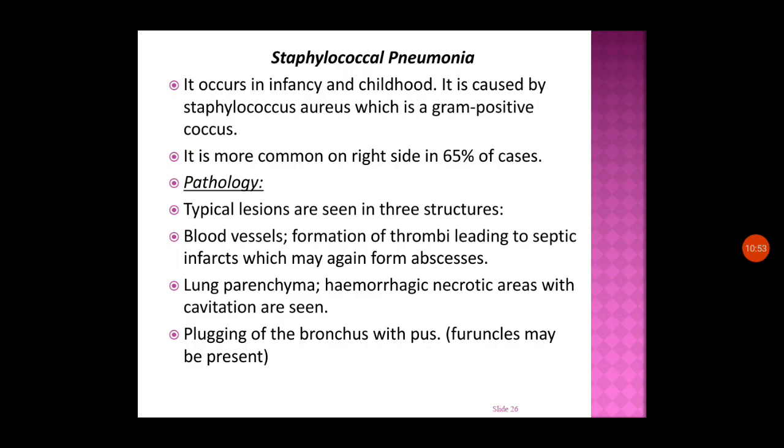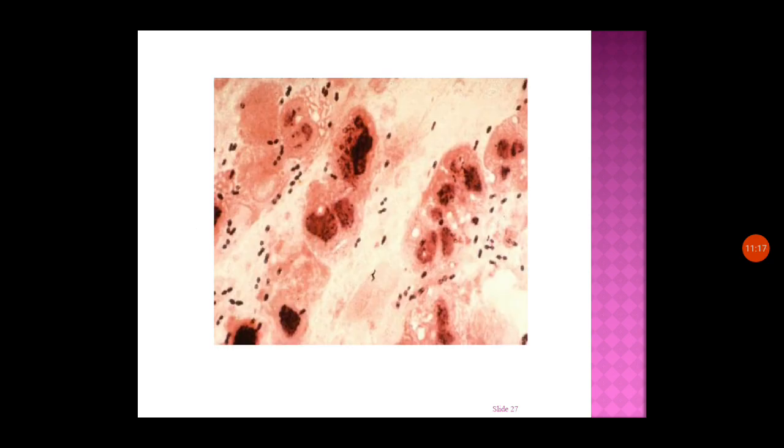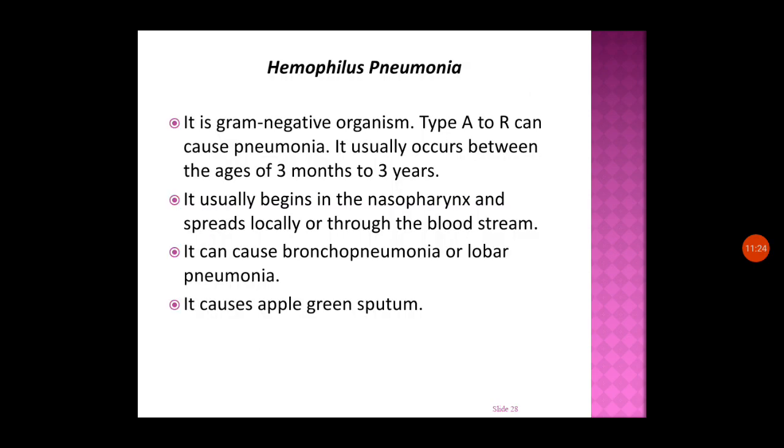So necrosis of the tissues is common, and in the lung parenchyma, hemorrhagic necrotic areas with cavitations are seen. So staphylococcus also causes necrotic changes in the lung tissue, and the lesions are more complicated than pneumococcus and the other one. Plugging of the bronchus with pus will be there, and this slide is showing the staphylococcal pneumonia, or the organisms will be presented like this.